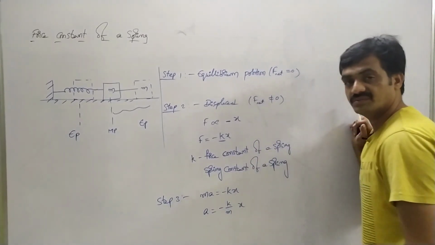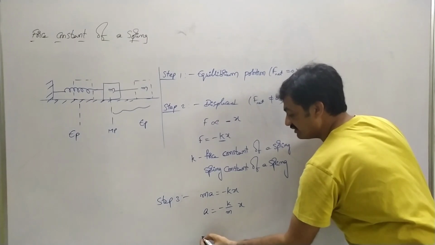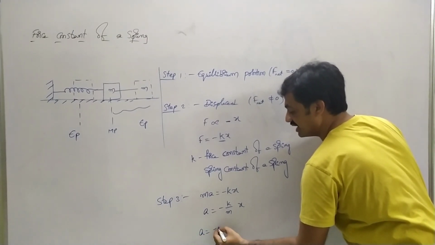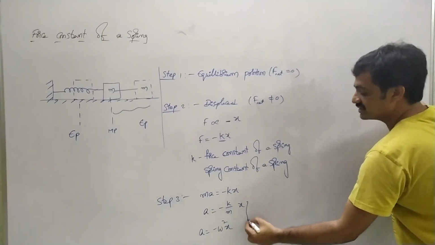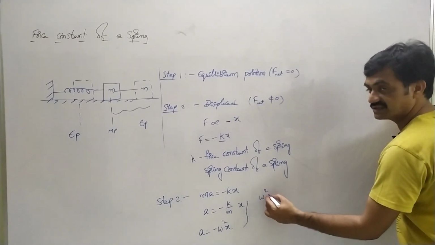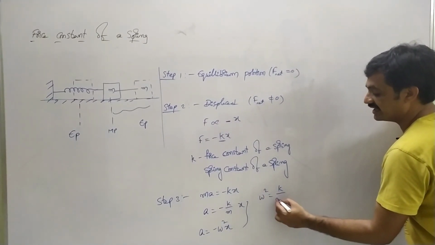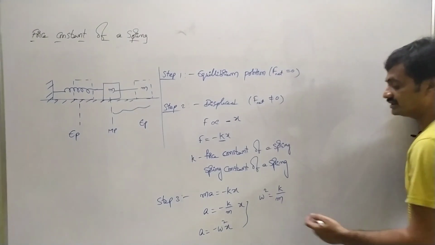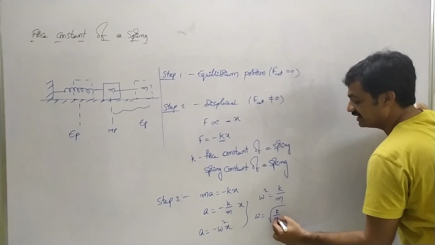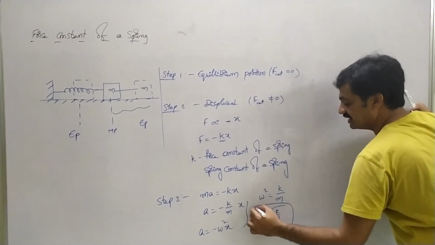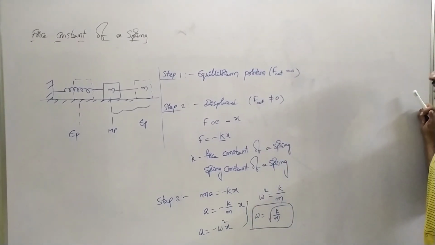Acceleration is directly proportional to displacement. Now we compare this equation with minus omega square x. As we compare these two equations, we get omega square is equal to k by m. So from that we have omega equals under root of k by m. This represents the value of omega.